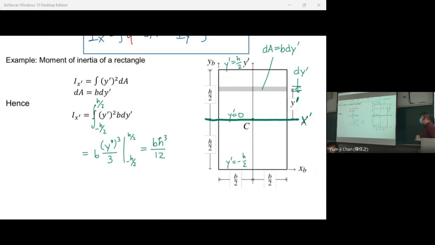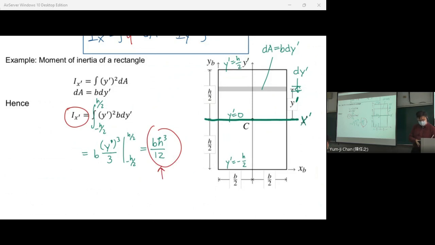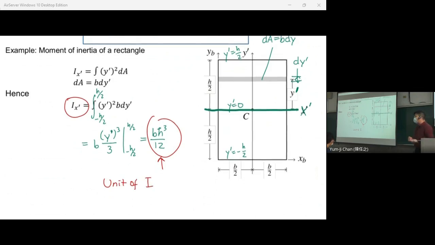Now let me remind you of one thing: for this Ix prime, what is the unit of I, or Ix prime or Iy prime? What is the unit of I? Meter to the power 2, meter to the power 3, meter to the power 4, meter to the power 5, or kilogram?